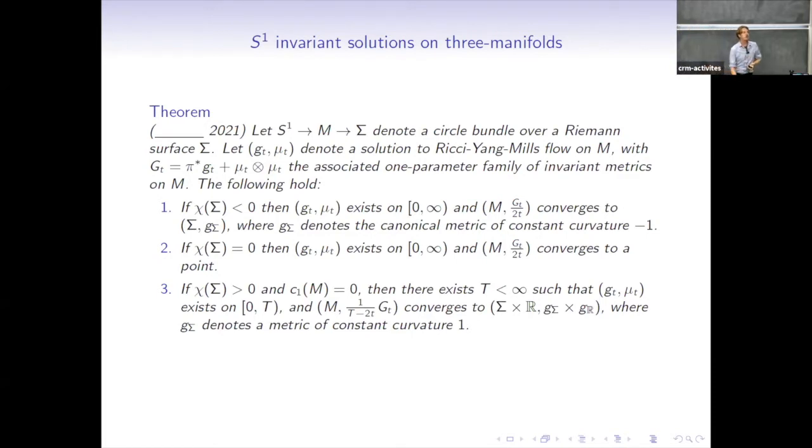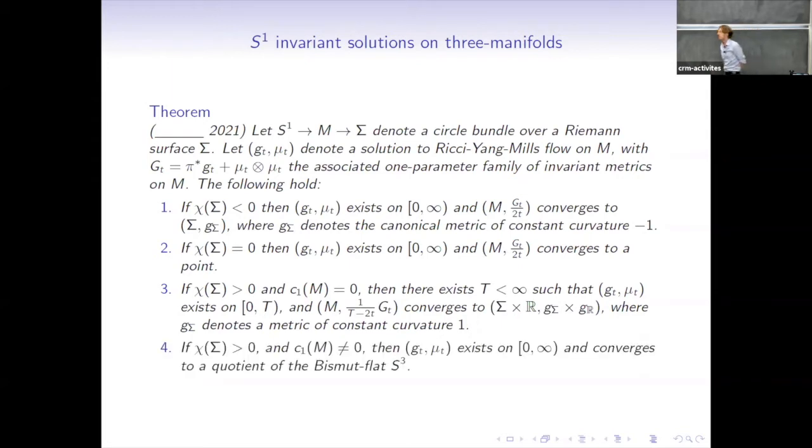And when you do this natural type 1 blow up, you get convergence to sigma cross R. So now the fibers are blown up. I only stated it as convergence by time slice, but the whole spacetime will converge to this standard shrinking ancient solution, shrinking down.